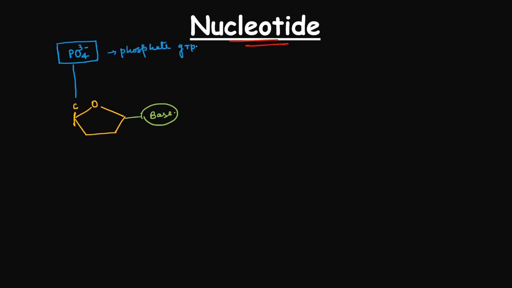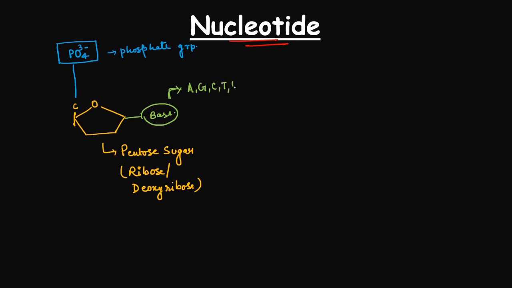Phosphate group, pentose sugar, it can be ribose or deoxyribose based on whether this nucleotide belongs to DNA or RNA. Then for nitrogenous bases, there can be adenine, guanine, cytosine, thymine or uracil. Now all these things combined are known as a nucleotide.